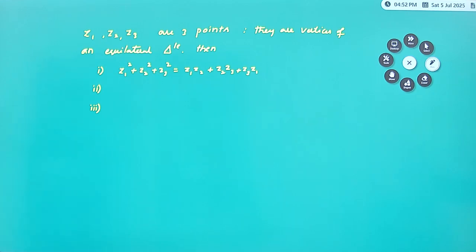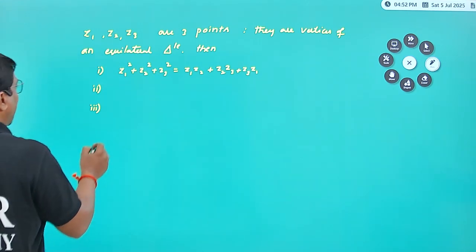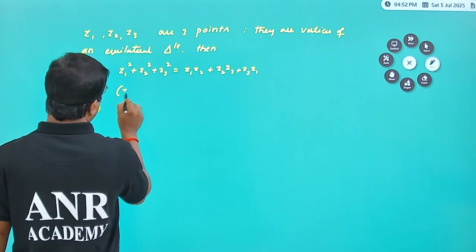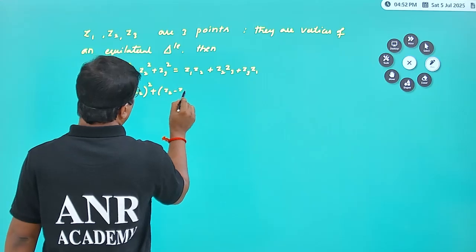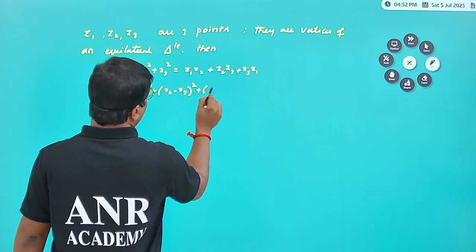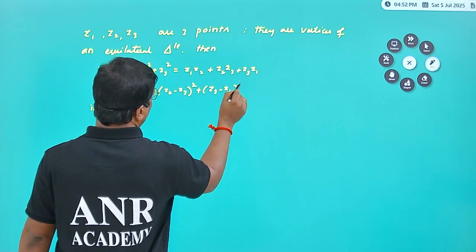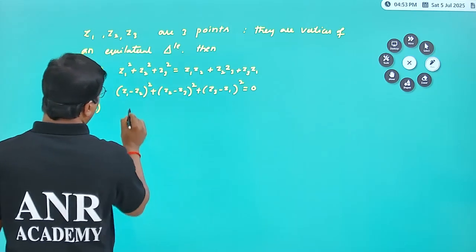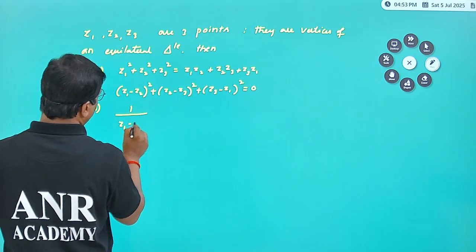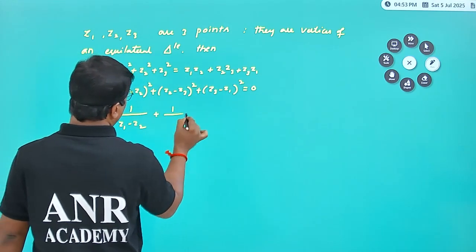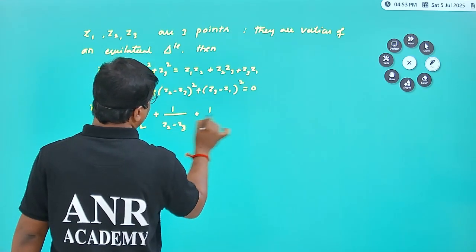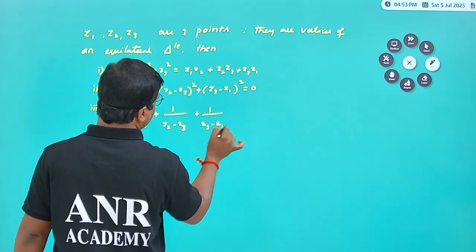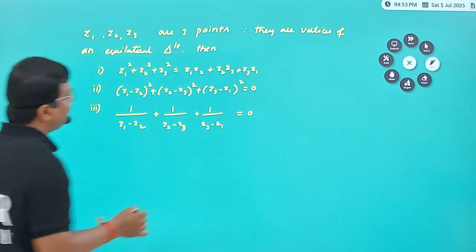And the second result, Z1 minus Z2 whole square plus Z2 minus Z3 whole square plus Z3 minus Z1 whole square equal to 0, and 1 by Z1 minus Z2 plus 1 by Z2 minus Z3 plus 1 by Z3 minus Z1 is equal to 0.